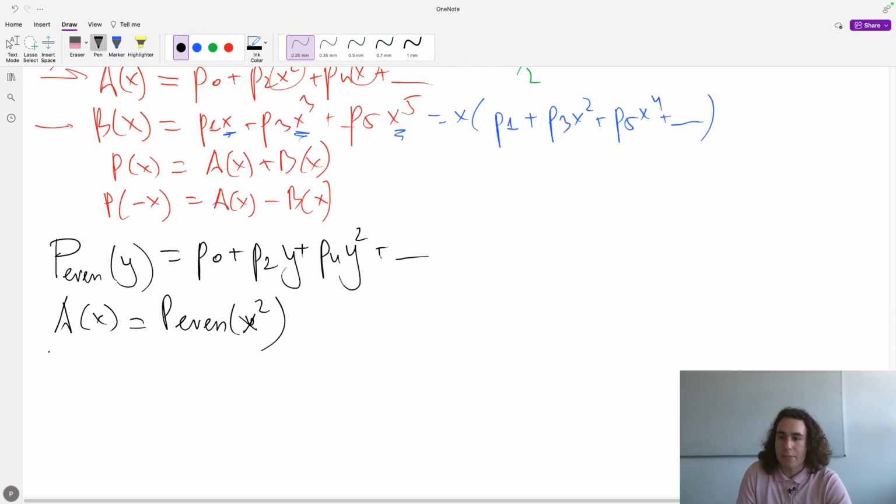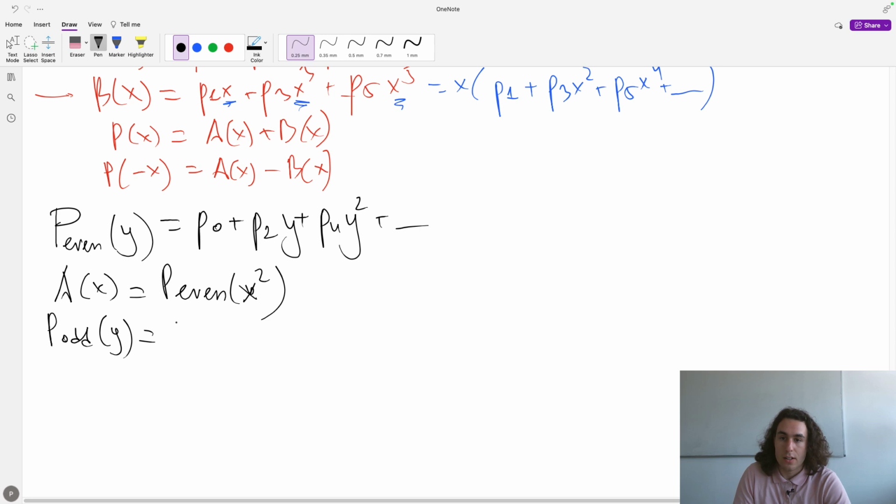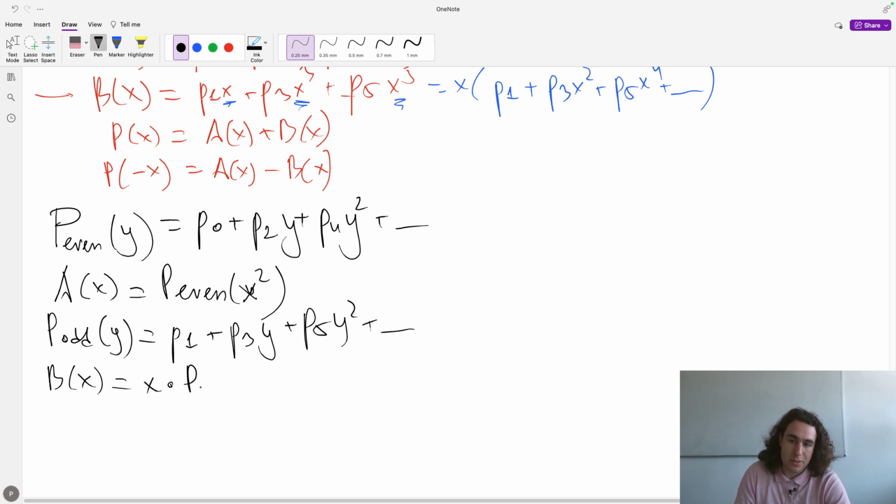And now we'll write the same thing, right? So p odd is going to be just a polynomial that had these odd coefficients from p. So p1 plus p3y plus p5y squared and so on. And then b of x is x times p odd of x squared.